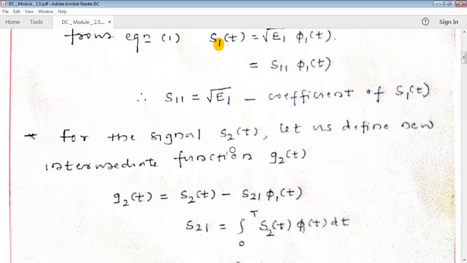Similarly, to represent the second signal s2 of t geometrically over two-dimensional space, we need another basis function phi2 of t.